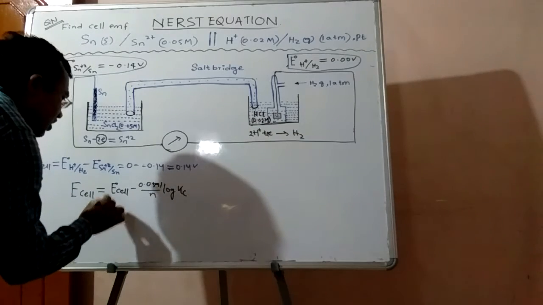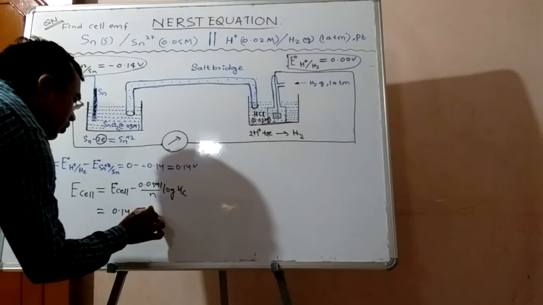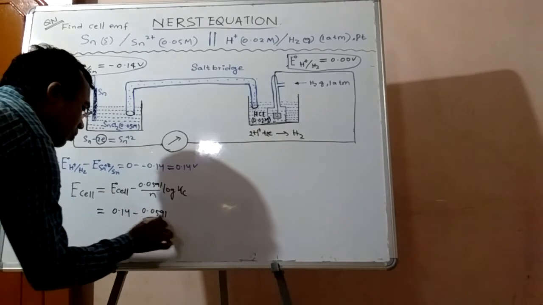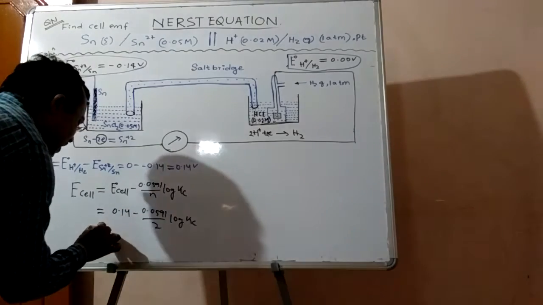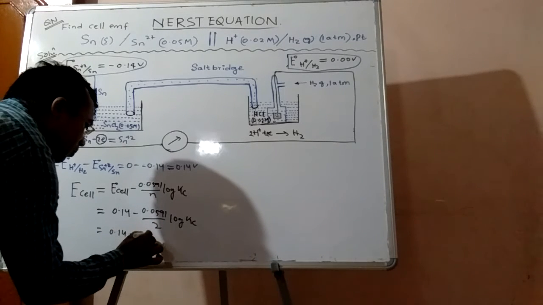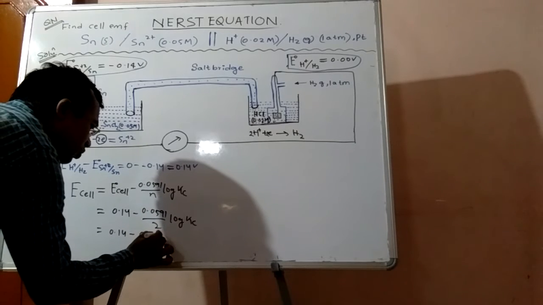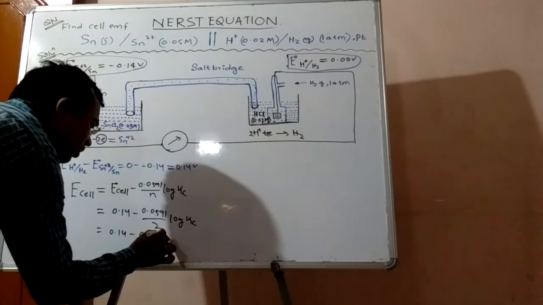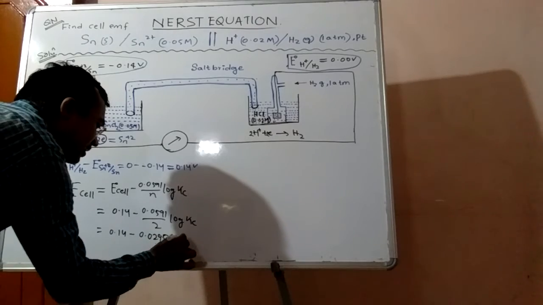So E cell is equal to E0 cell, 0.14, minus 0.0591 by 2 log Kc, that is equal to 0.14 minus 0.0295 log Kc.